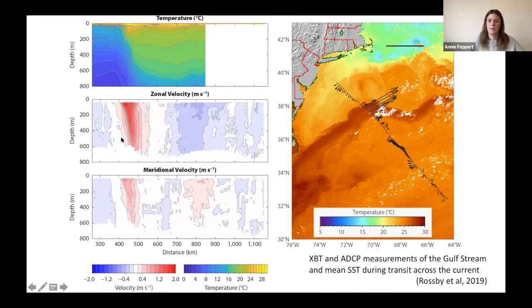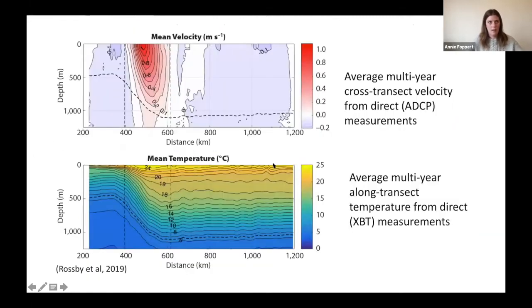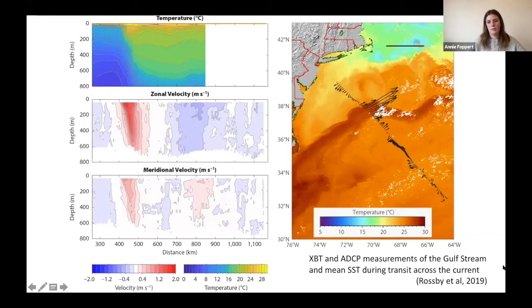That's where some people mentioned a vortex. It's not quite a vortex of salty water as it goes throughout the water column, but you do see this intensification of the velocity with height in the water column. This was just one transect across.